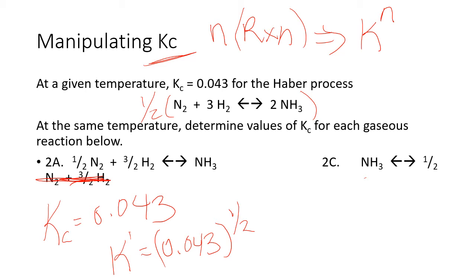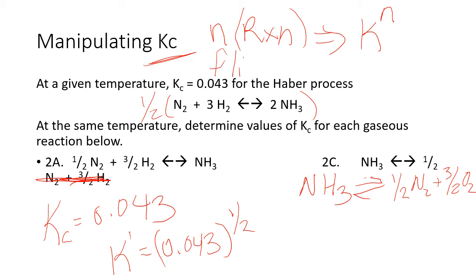Now for 2c, we've noticed that I have flipped this reaction. When you flip the reaction, what's going to happen to your K is you're going to do 1 over the K. So we flipped this and we've multiplied it by a half.